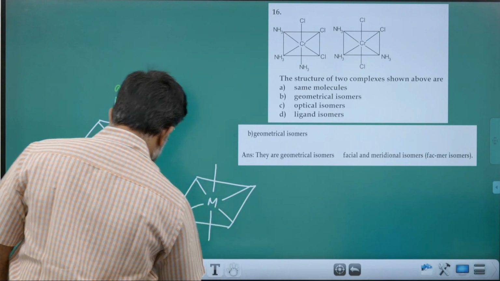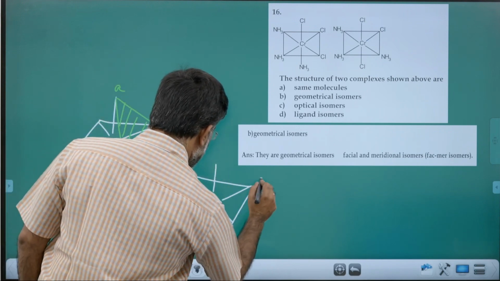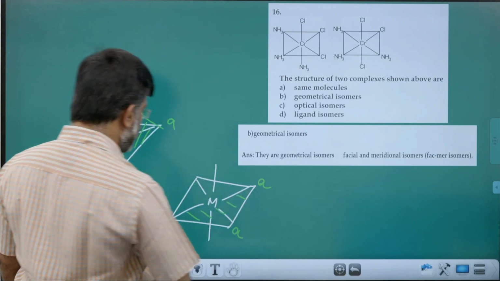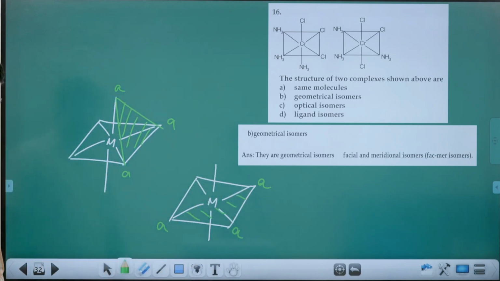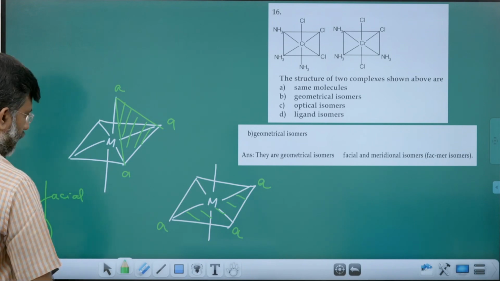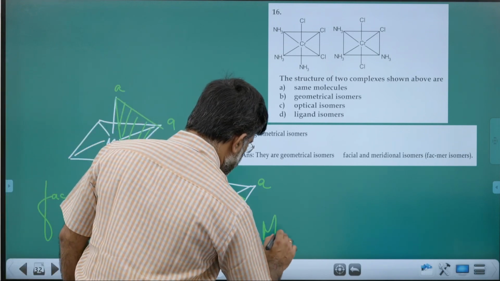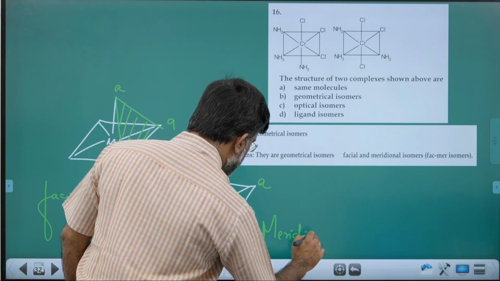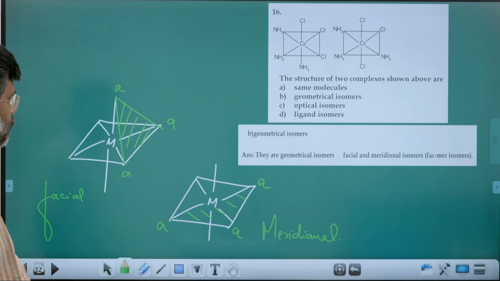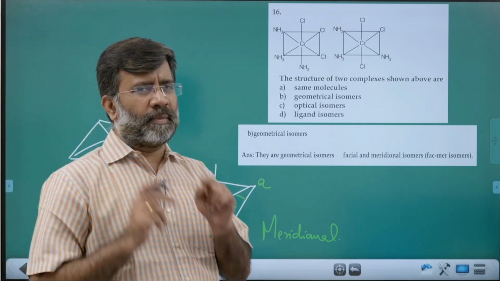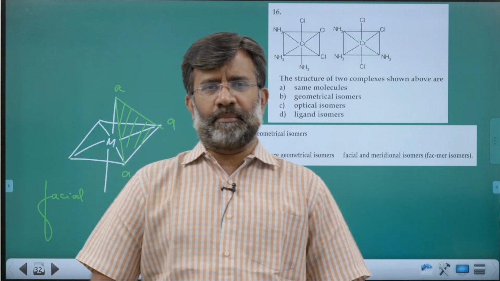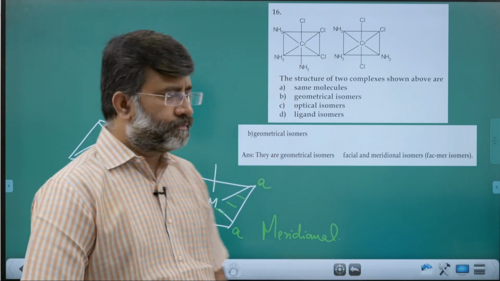Suppose it is coming over the meridional plane. That is meridional isomerism. This is facial isomerism and this is meridional isomerism. Fac-mer isomerism, a type of geometric isomerism, is shown by the molecules Ma3b3. At least a3 is required. Next.